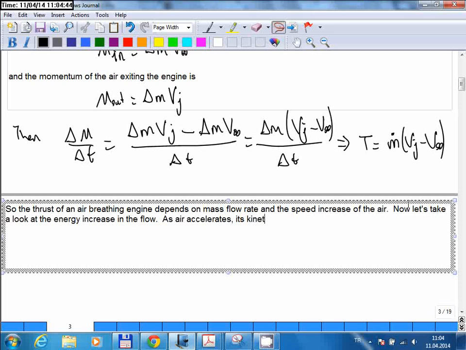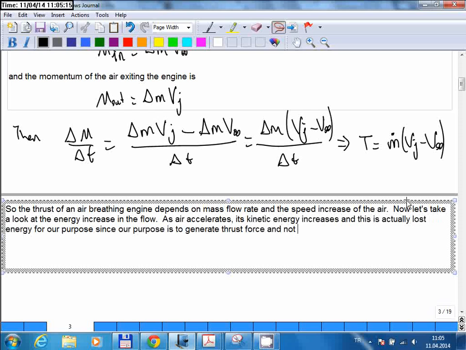Its kinetic energy increases, and this is actually lost energy for our purpose, since our purpose is to generate thrust force and not to accelerate air.